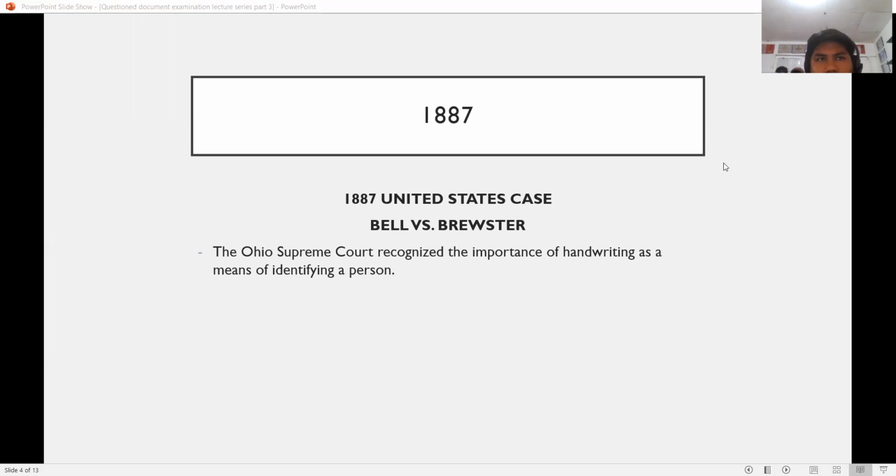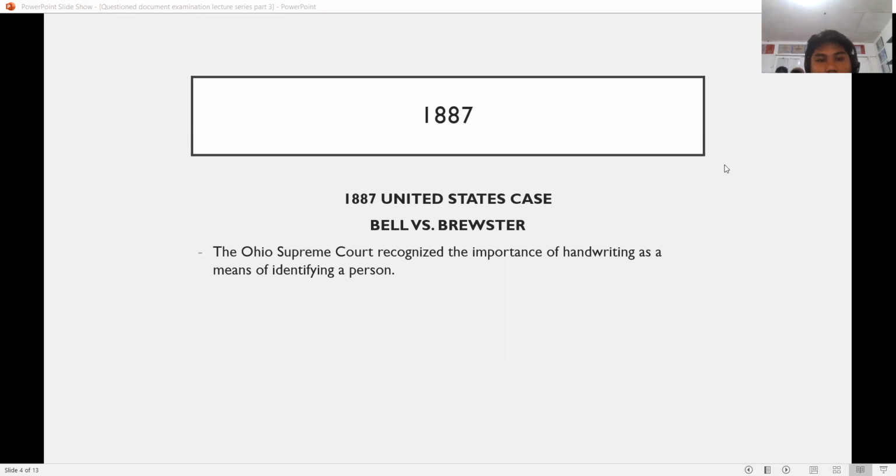So expert comparative analysis and opinion testimony regarding the writing in order to establish the question handwriting. So whether this question writing, okay, belongs to this particular person because their writings have similarities.